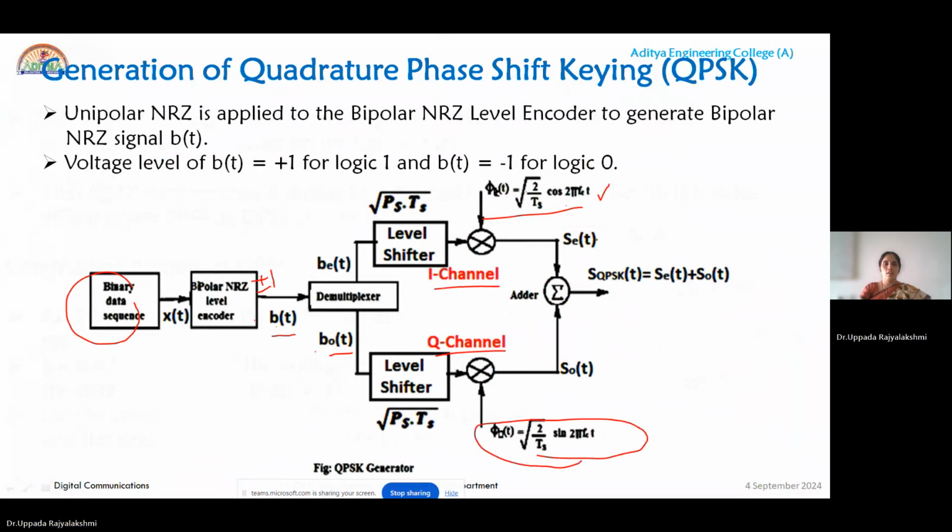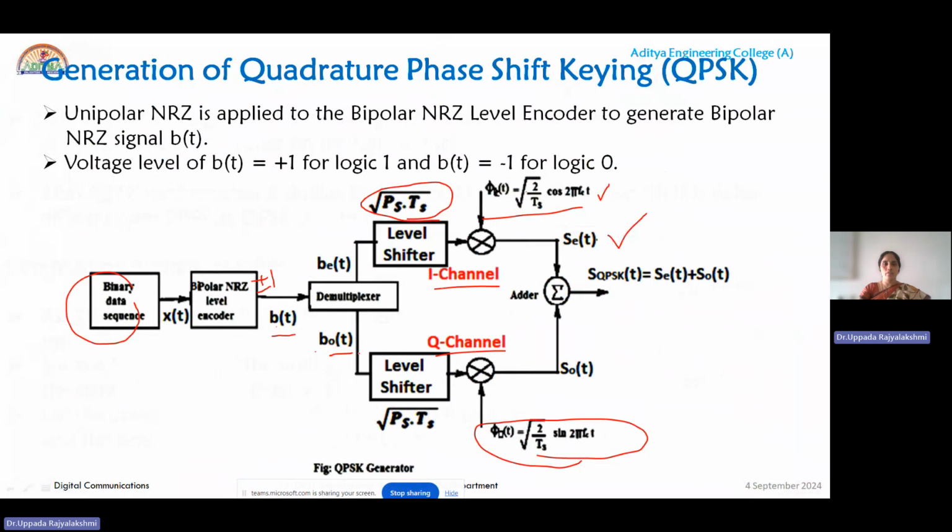Now b of t is split into an even sequence and an odd sequence by a demultiplexer. In the I channel, the magnitude of b e of t is raised by a factor of root Ps Ts, and multiplied by the 1-bit energy carrier to produce the output of the I channel, s e of t.